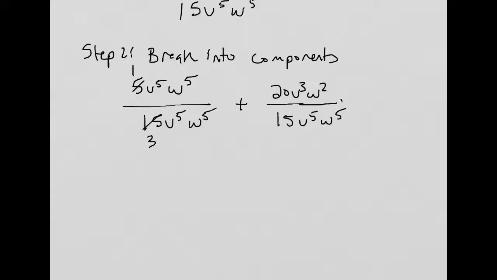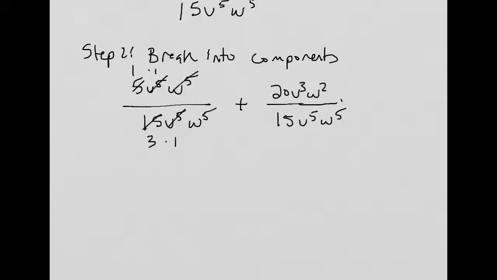Now if I look at my v's, I've got v to the 5th on top and v to the 5th on the bottom. So if I divide top and bottom by v to the 5th, all my v's are going to cancel out, which leaves me with 1 and 1. Same thing with my w's. I've got the same number of factors of w on the top as I have on the bottom.